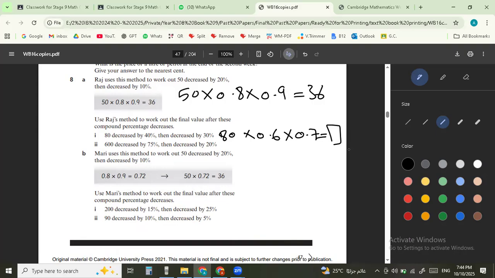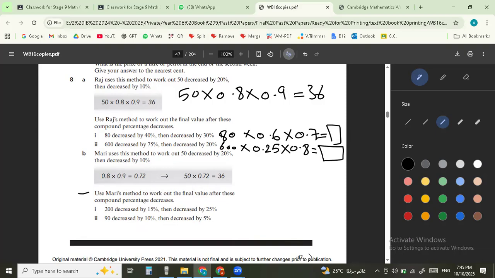Here, 600 decreased by 75% will leave 25%, so the multiplier is 0.25, times decreased by 20%, which leaves us with 80%, which is 0.8. Multiplying the three numbers by each other will give you the new value.